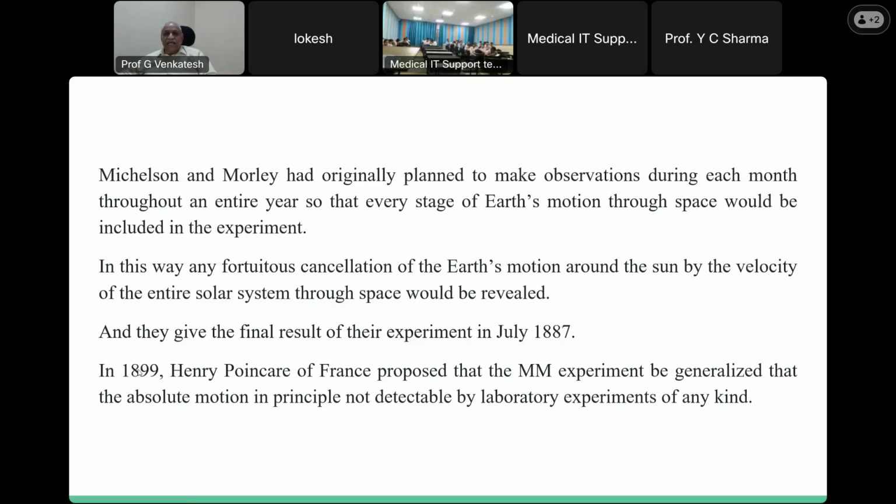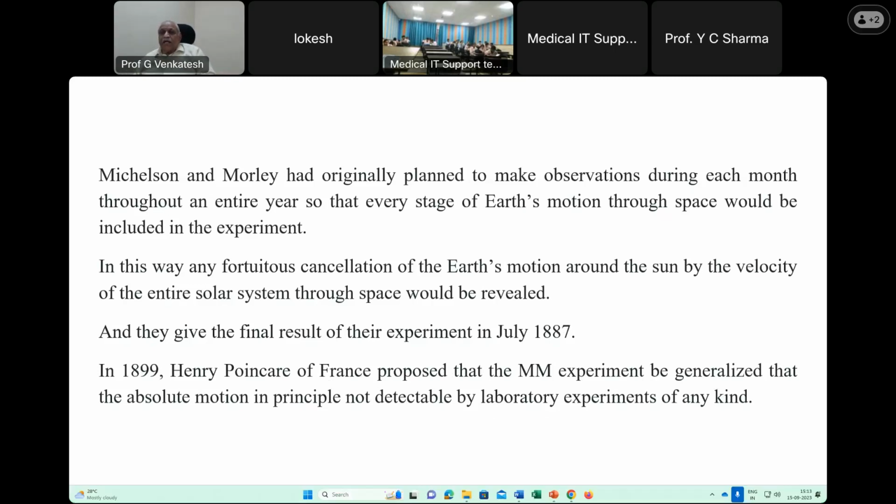Now, in 1899, Henri Poincaré of France, a physicist, proposed that the Michelson-Morley experiment be generalized, that absolute motion is in principle not detectable by laboratory experiments of any kind.